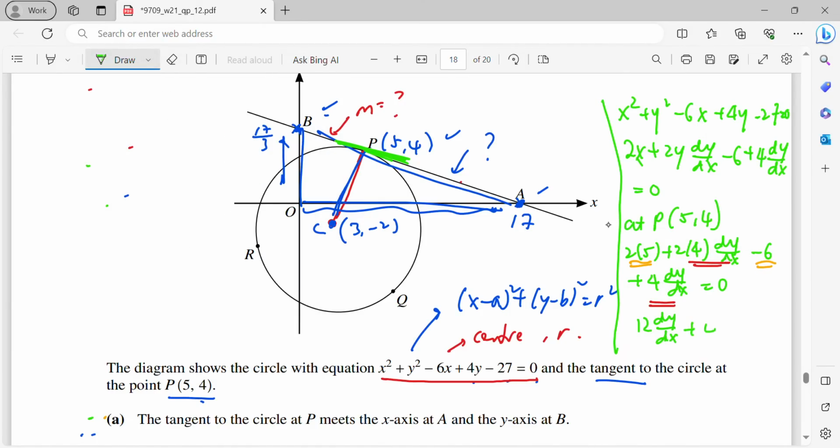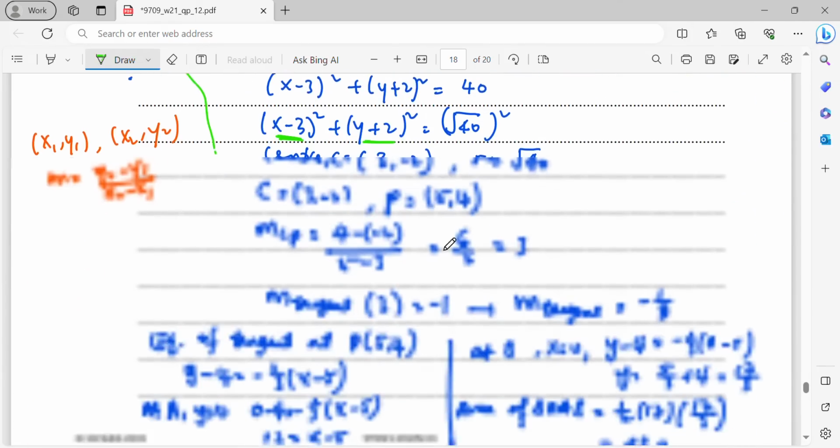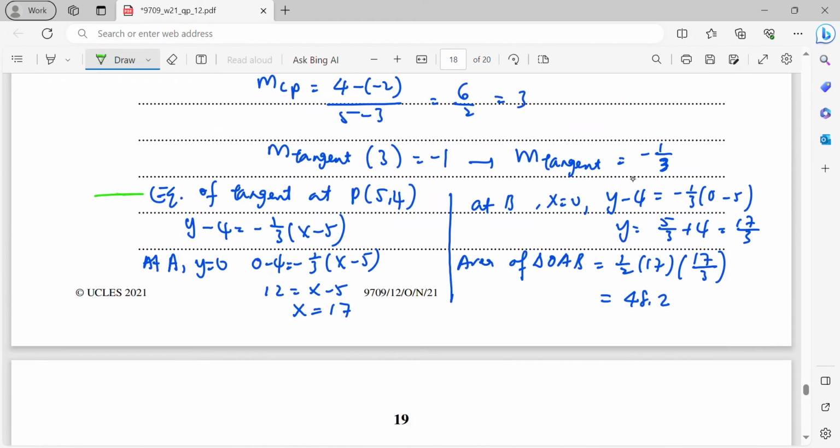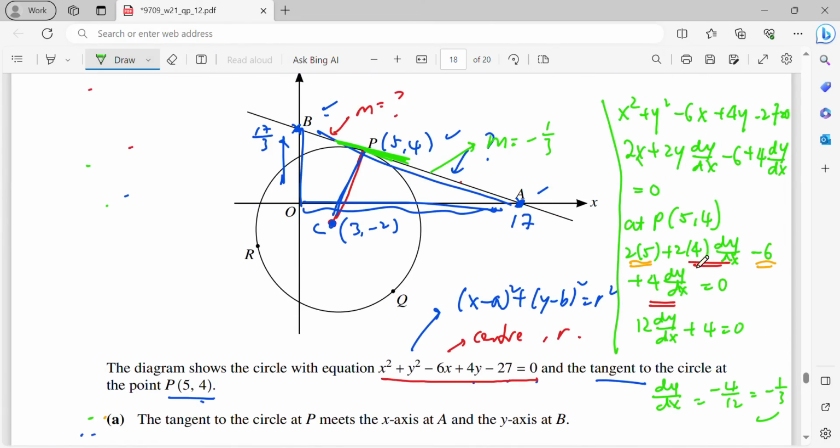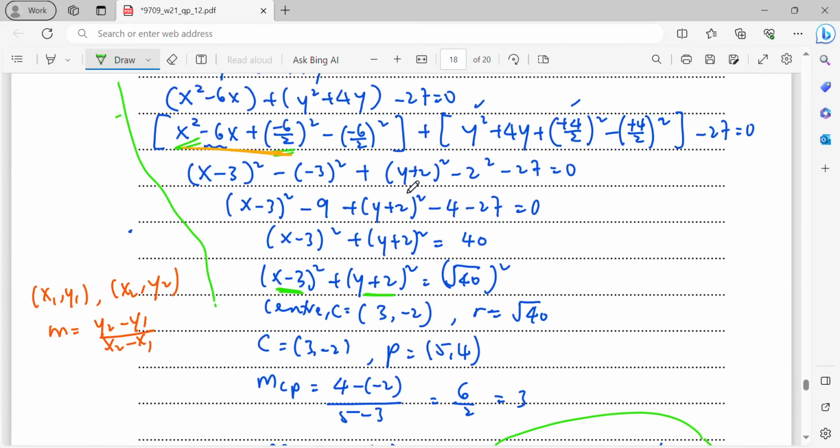So plus 4 equals 0, which means dy/dx is negative 4 over 12, which is also negative 1 over 3. So I already found the m here is negative 1 over 3. Once you get this, then you can go to the earlier step already. That is the second option, using differentiation to solve this question instead of finding the center of the circle.